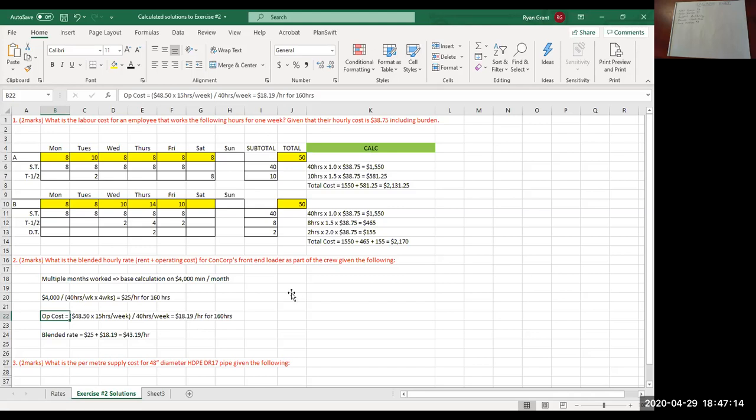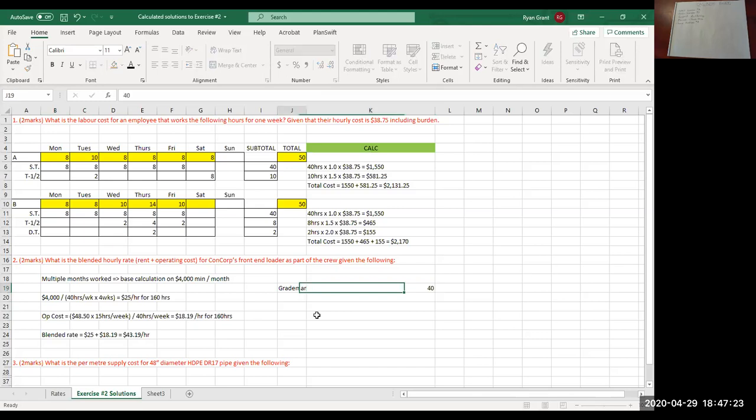So just to show you an example of how I would anticipate this to work. Let's say, I'll move this over so things are closer together. Let's say this is our crew.